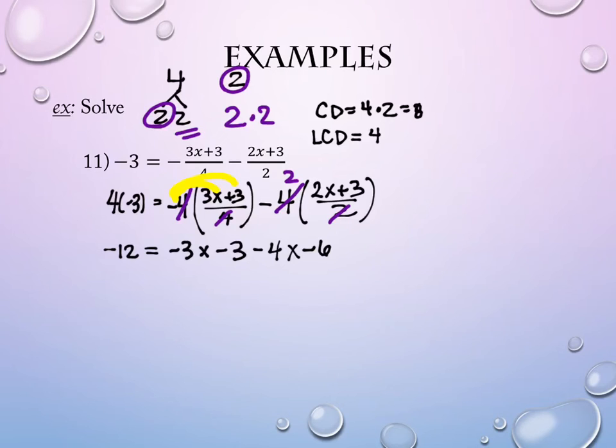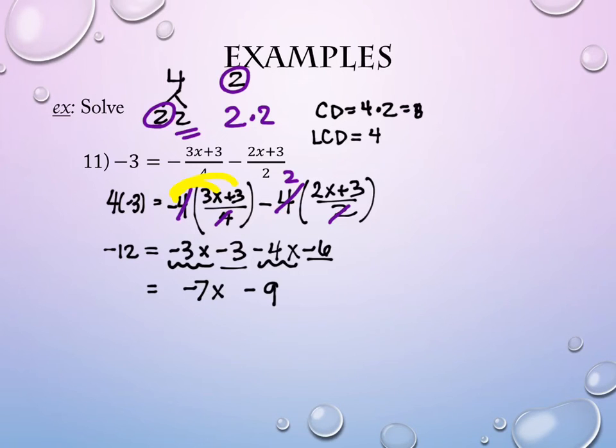So we have a lot of pieces on the right-hand side, and some of them combine. Tell me something that you see that combines on the right-hand side. The negative 6 and the negative 3. So that's negative 9. I also have the negative 3x and the negative 4x, which will give me negative 7x.